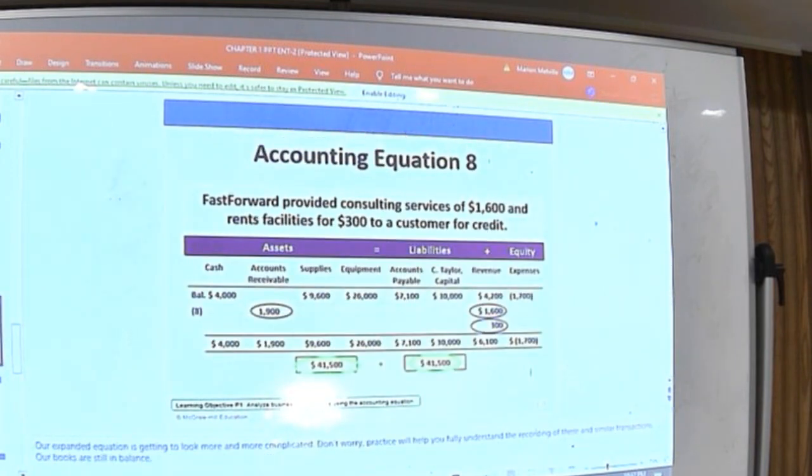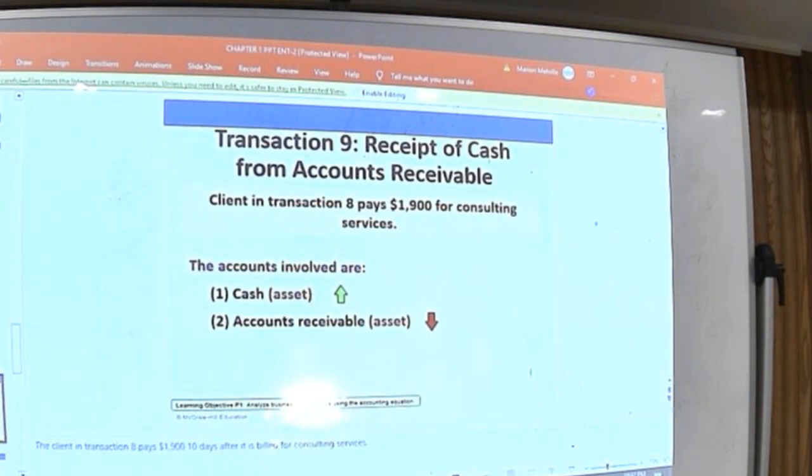That usual slide shows 41.5 on the left, 41.5 on the right-hand side of the accounting equation.